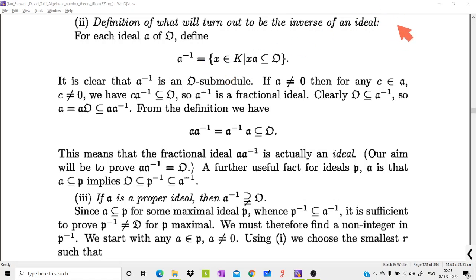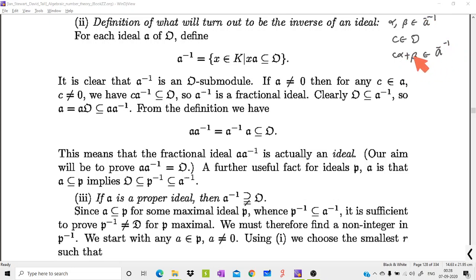Like how we prove a subspace. W is a subspace of V if we choose alpha, beta belongs to A inverse, and we need to prove that it is an O submodule. Instead of F, we have this ring O. So if we choose C belongs to O, we need to prove that C alpha plus beta belongs to A inverse. Okay, so we can easily prove this.